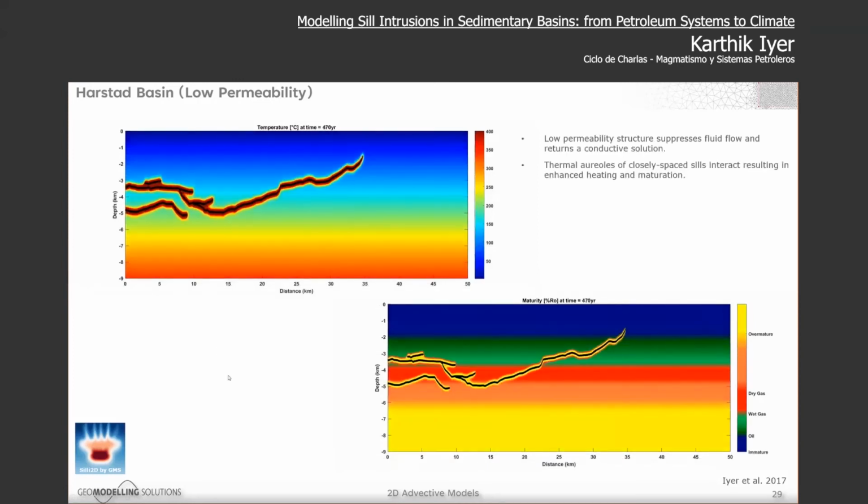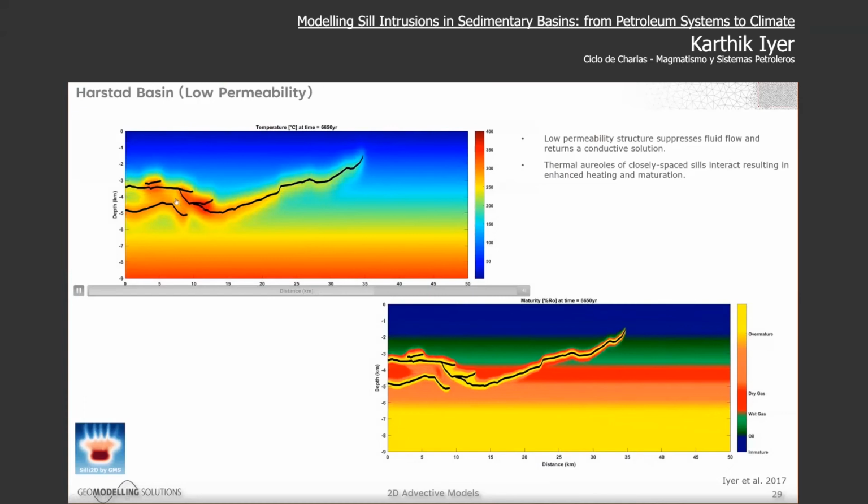So I'll just run the model. As we can see, since it's very low permeability, fluids are not really free to move, even though there's a lot of energy being pumped into the system. And basically what this returns is a conductive model, more or less. There's a lot of interesting interactions here.